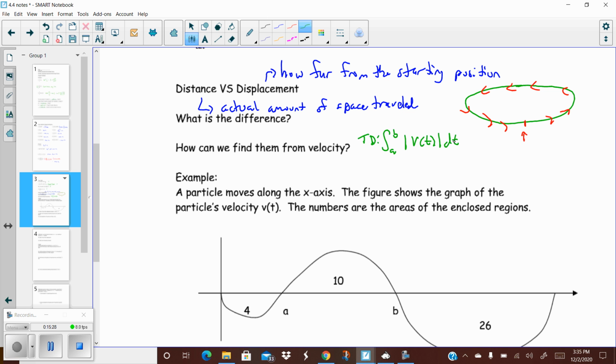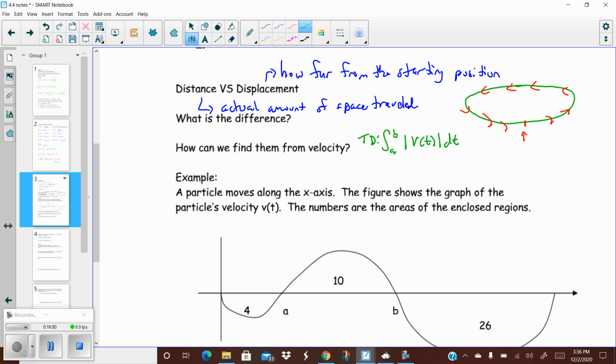So think about that. We are integrating velocity. That means you're going to take an antiderivative of velocity, which gets you back to position. And then when you've got your position function, you're going to evaluate that at the endpoints. If you really think about it, the way you would find total distance of traveling somewhere is if I know where my ending position was and I know where my starting position was, and I subtract the difference between those, that's the total distance that you traveled.